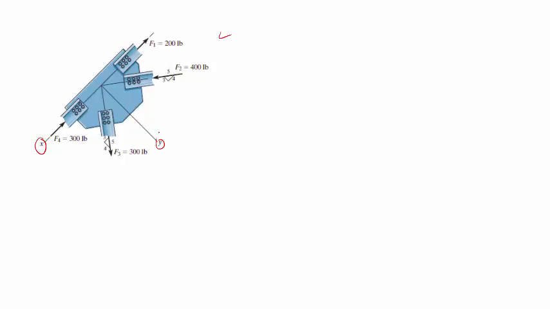What's important here is that you have your X and Y. Okay, so you'll have a resultant force in X and a resultant force in Y to obtain your vector.